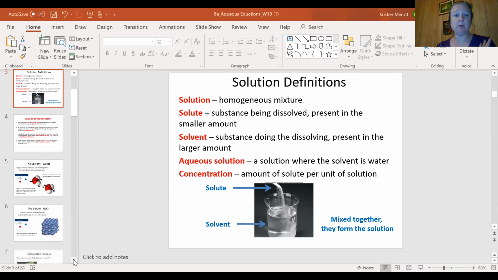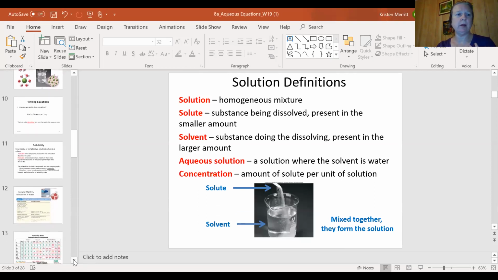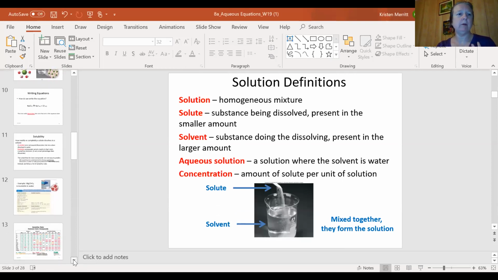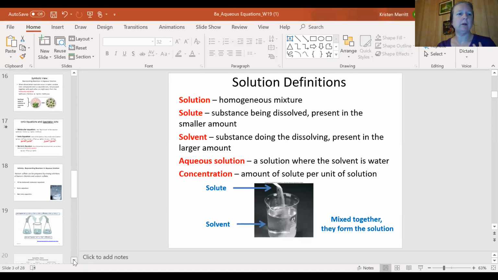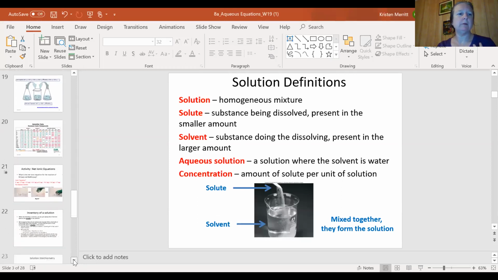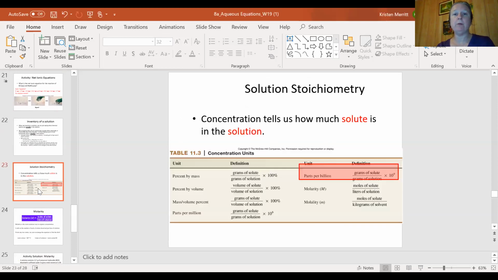So let's go to this table here. Amount of solute per unit of solution. Here are all the different ways we can say that.